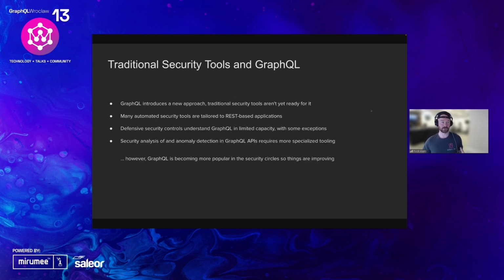So, traditional security tools in GraphQL. First and foremost, the tools we are all used to that protect our REST API systems come up a little short when we try to protect GraphQL APIs. For instance, certain WAFs, web application firewalls, monitors, and rate limits are not optimized for GraphQL payloads and effectively come up short.